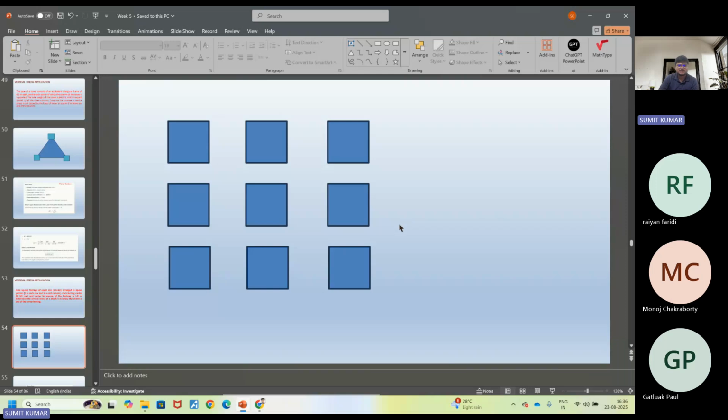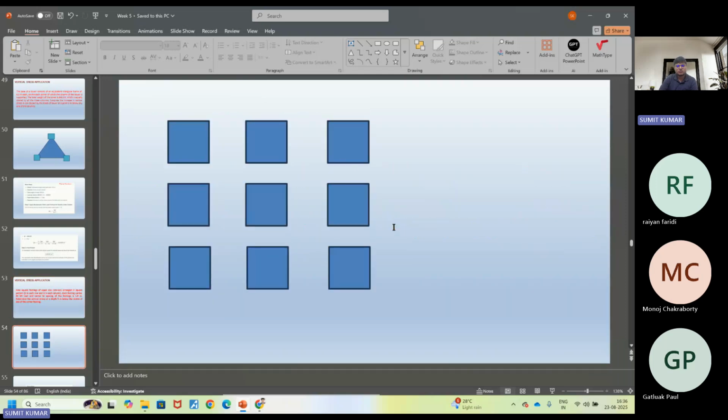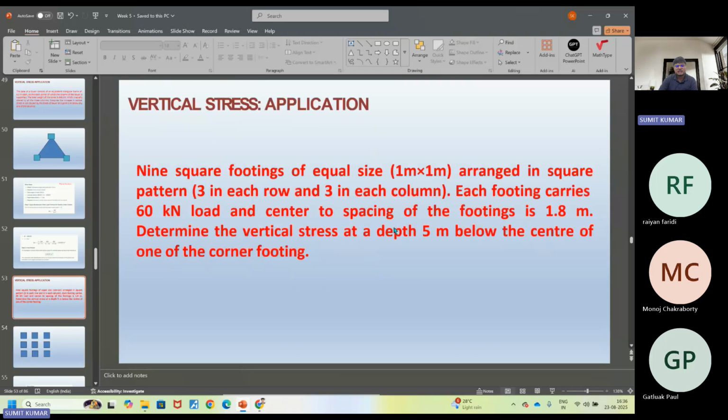The question is asking that we have 9 square footings, each of 1 meter by 1 meter, and each footing carries a 60 kilonewton load, and center to center spacing of footing is 1.8 meter.